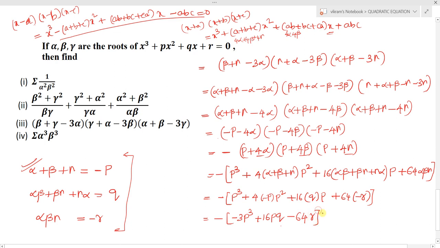Multiplying by the minus, we can write this as 3p cube minus 16pq plus 64r. This is the result of the third one.